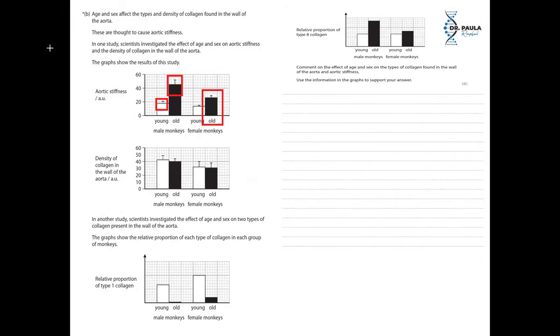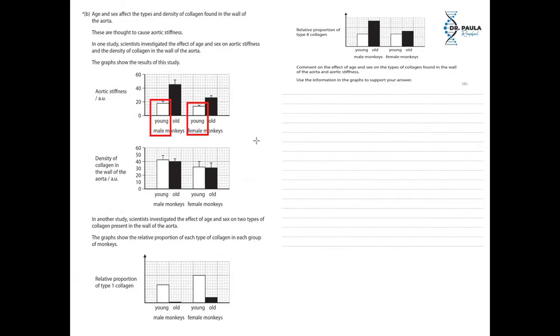But if you see the young male monkeys and the young female monkeys, you can see here that the error bars are somewhat overlapping, which means there is not much difference between the young male and young female in the level of stiffness in the aorta.